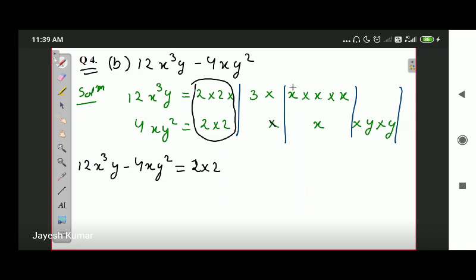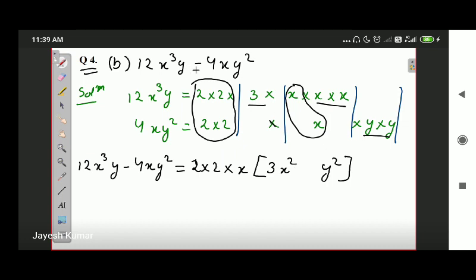Then in case of x, there is one x in both the expansions. Now inside the bracket, we will write what was remaining. For the first term, 3 into x square, 3x square. For the second term, only y square is remaining. Now the sign in between was negative, so minus. So this will be 4x, 3x square minus y square.